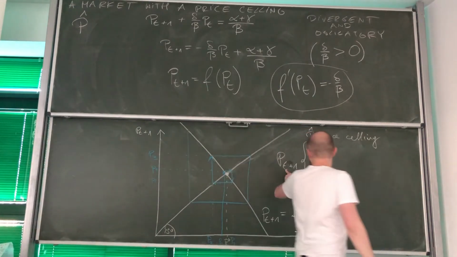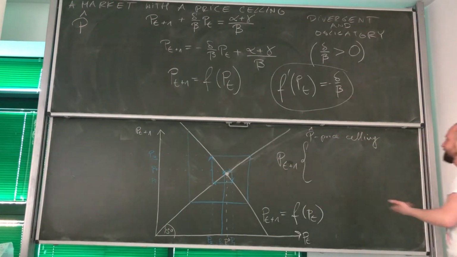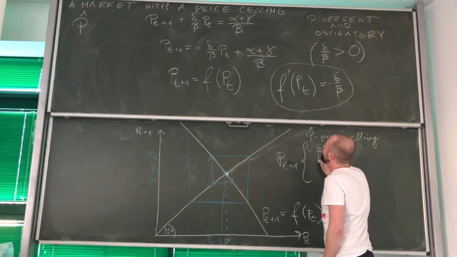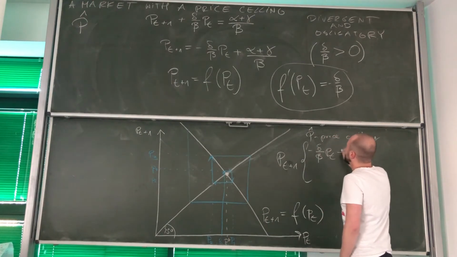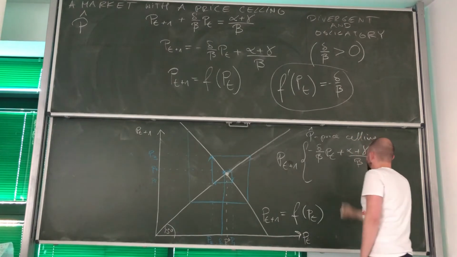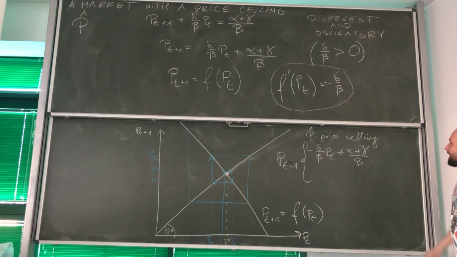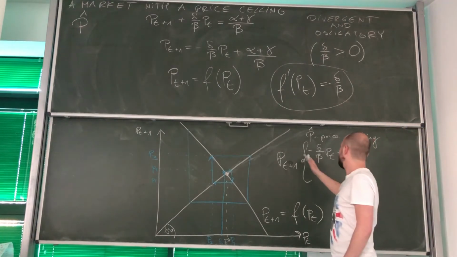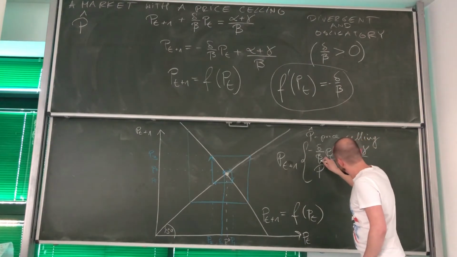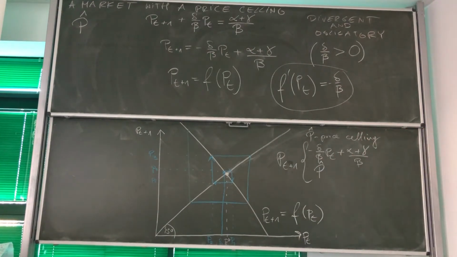Sometimes price at time t plus 1 is simply equal to negative delta over beta pt plus alpha plus gamma over beta, right? However, if it is above some certain level, it is equal to P hat.